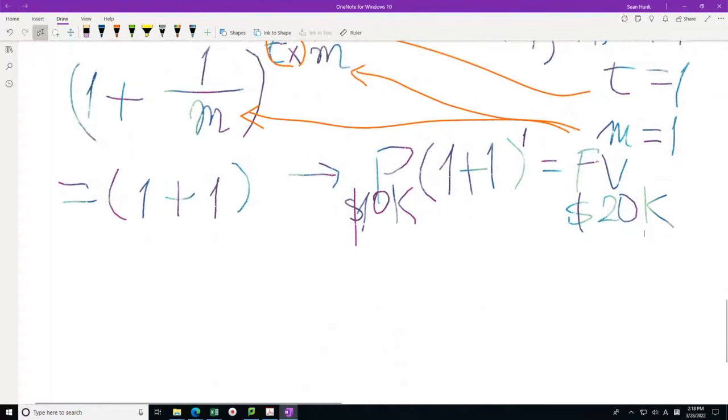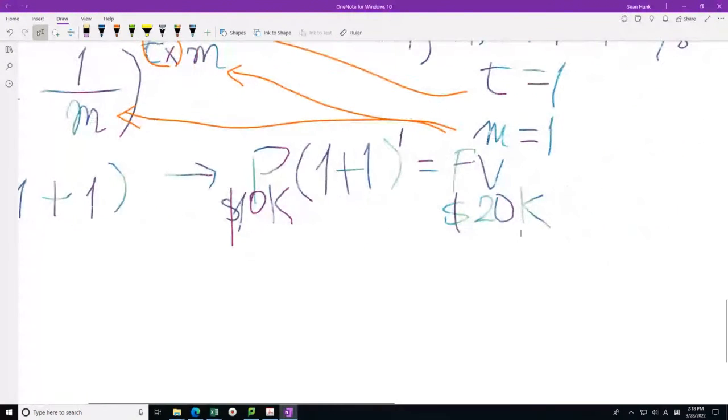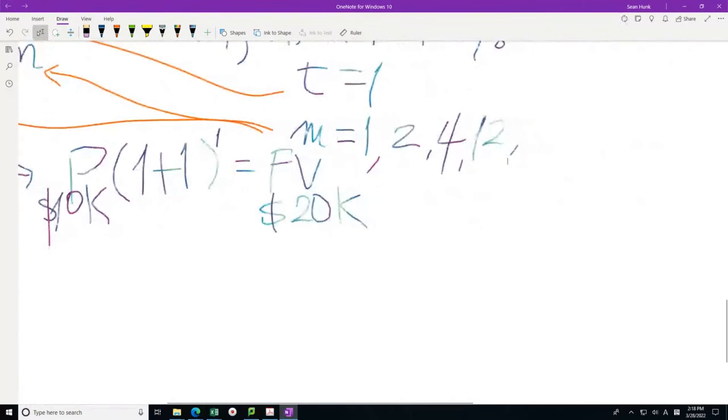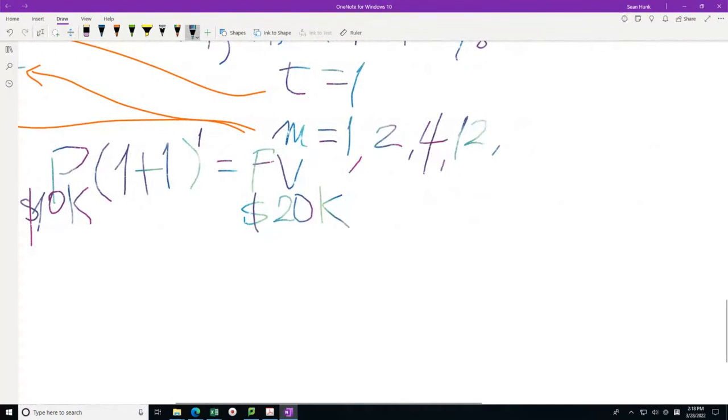let's stretch it: what if M is something else? Not 1, because we know M can be 1 or 2 or 4, 12, even 52, 365, and whatnot.